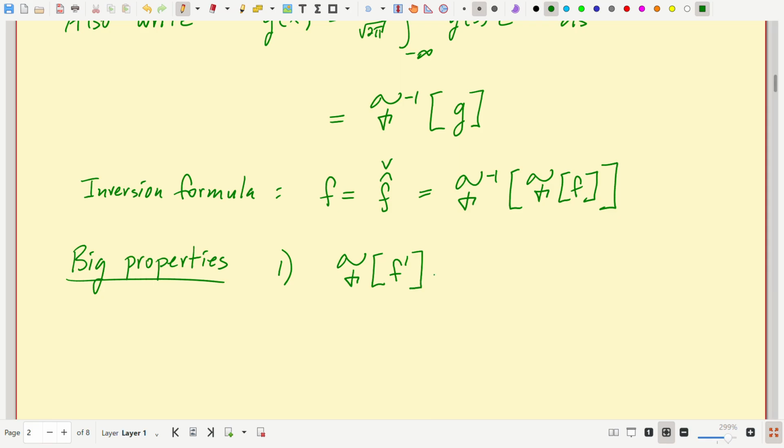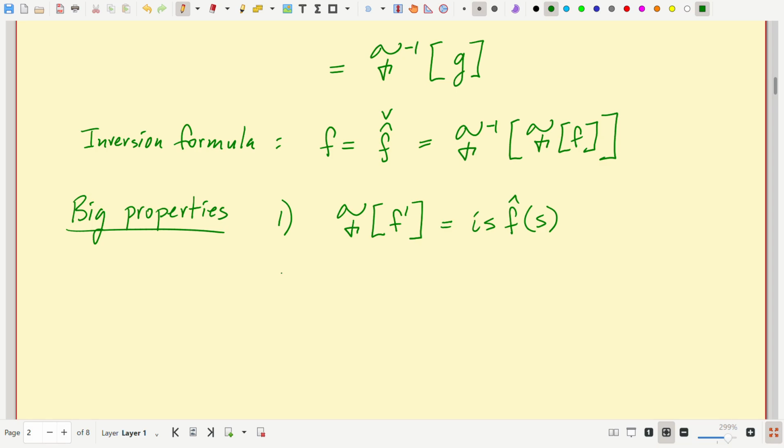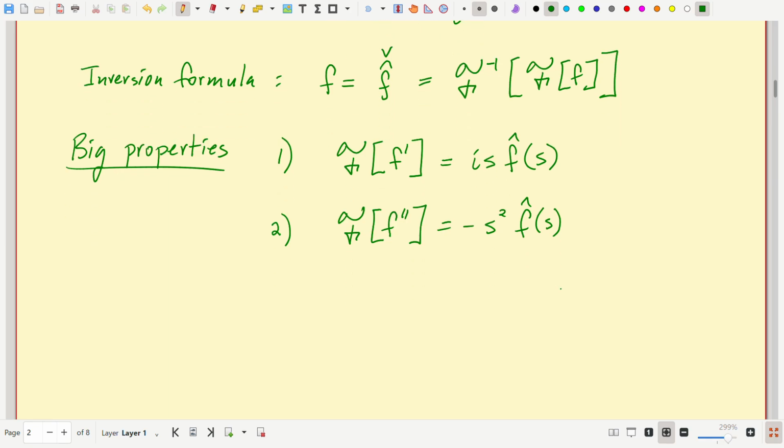But the Fourier transform of f prime turns out to be i times s times the Fourier transform of f. And if you do it twice, then of course the second derivative comes out as i squared, which is minus s squared. So the Fourier transform is going to turn differential equations into algebra equations.